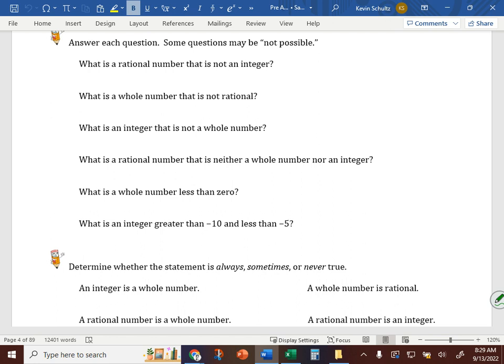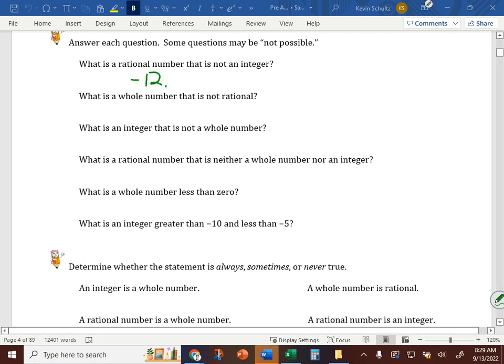Look up above on the front page. What was something that we only put an R for and not an I? Zoe. Negative 12.7. It's rational because it's a decimal. It's not an integer because it's a decimal, right? So that's what that section is there.